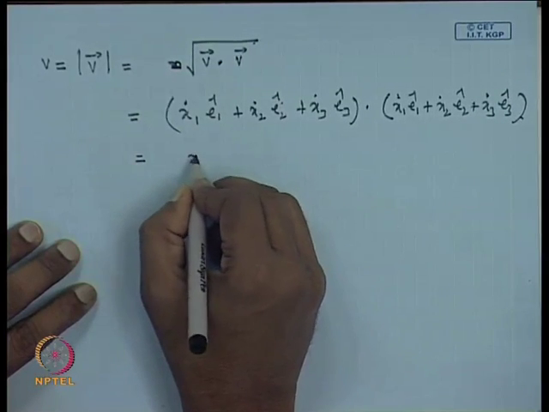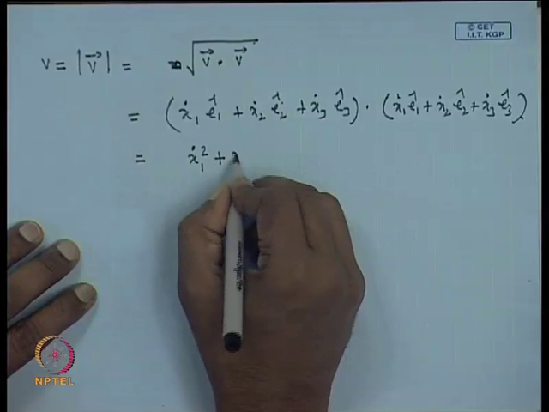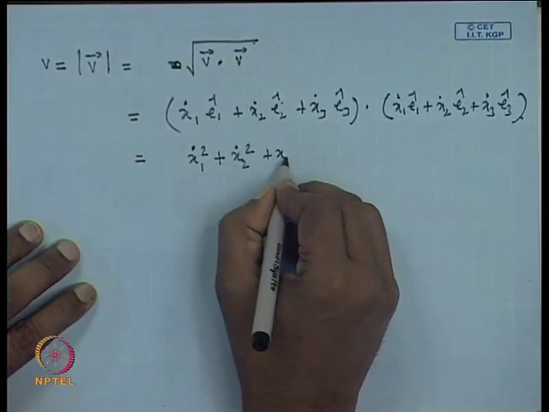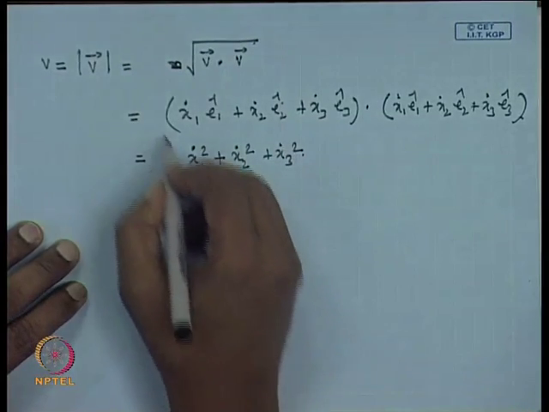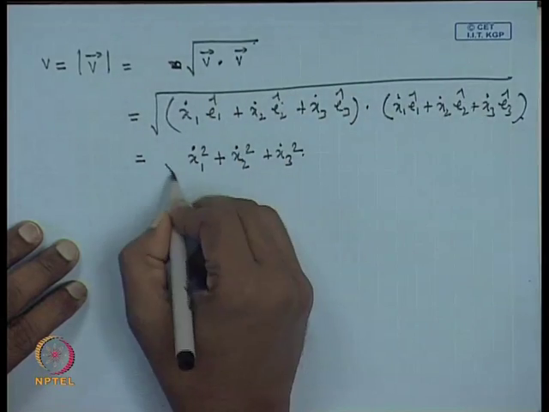Okay, and this gets reduced to x 1 dot square plus x 2 dot square plus x 3 dot square, and take the under root of this.